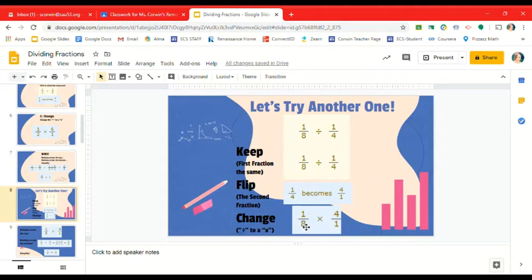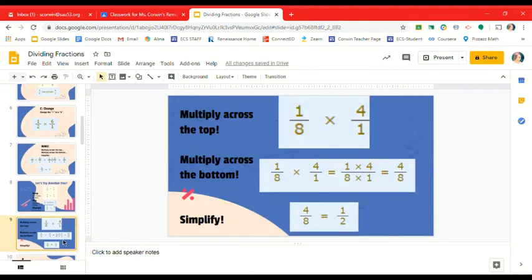So 1/8 times 4/1. So this is going to be our new problem that we're working with. 1/8 times 4/1. We're going to multiply across the top. So 1 times 4, they rewrite it here, 1 times 4 equals 4. Multiply across the bottom. 8 times 1, they rewrite it here, is equal to 8.